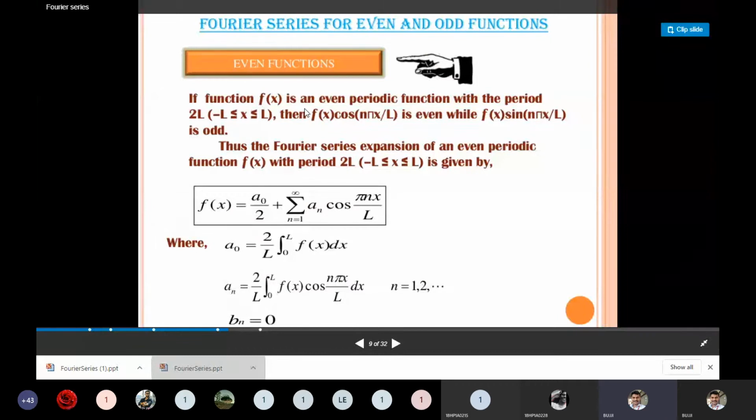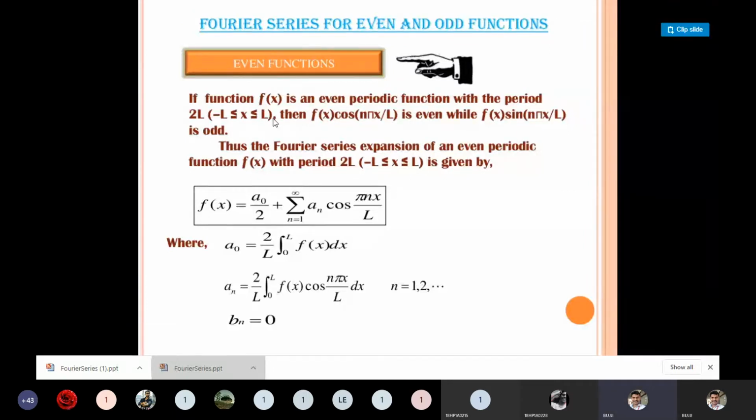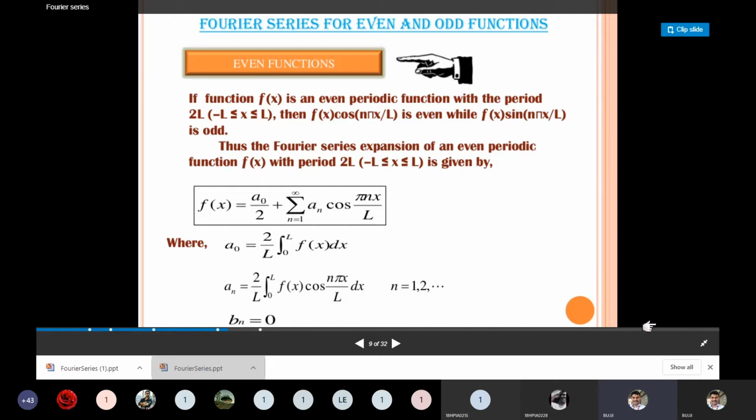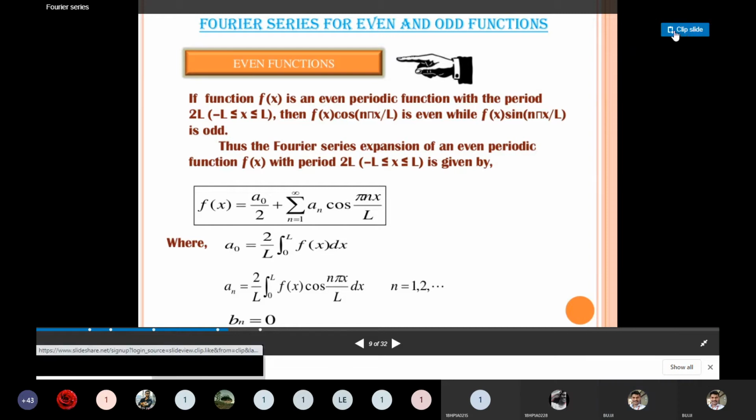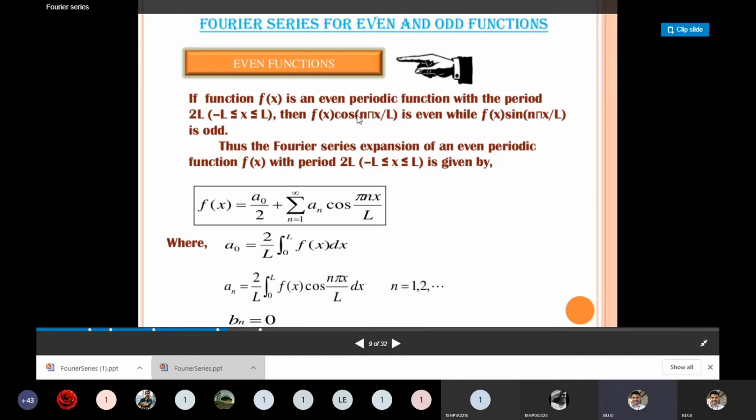If a function f of x is an even function with a time period 2L, x in between minus L to plus L, then f of x cos n pi x by L is an even function, while f of x sin n pi x by L is an odd function.